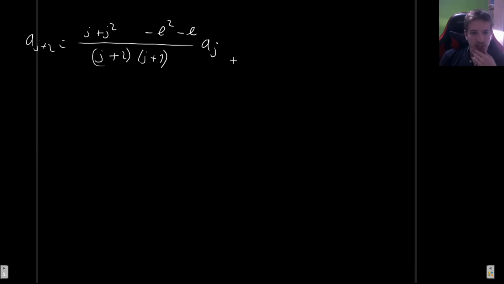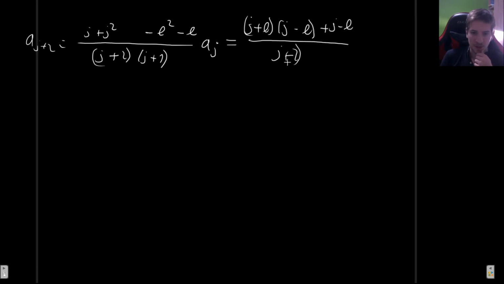So what can we do here? Well, we have j squared minus l squared, but that is just (j plus l)(j minus l), because when we do that, we then also get plus j minus l, divided by the same thing. And why is this interesting?